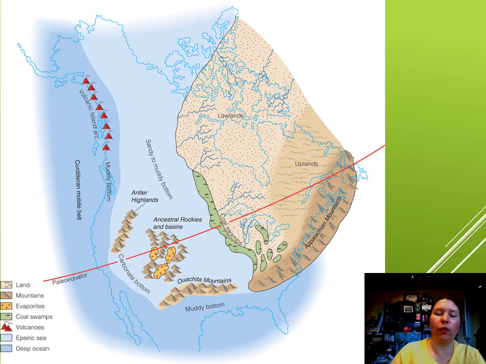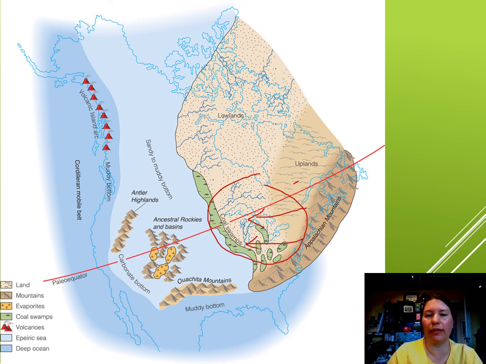And then as we go westward, they get thinner and thinner. So we're seeing lateral changes from non-marine sedimentary rocks here in the east, where we have sediment from all these rivers coursing their way down off of the Appalachian Mountains and then being deposited in the sea that covers the western half of North America.